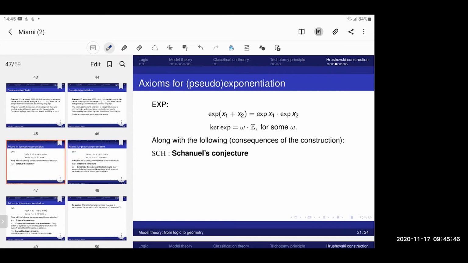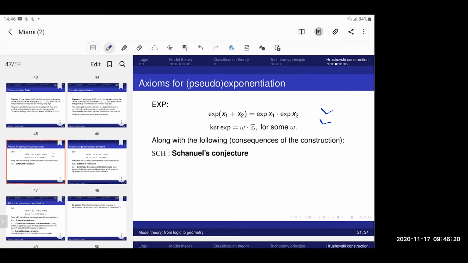So, of course, you would have just a usual algebraic assumption about the exponentiation, that it is a homomorphism from the additive to the multiplicative group with the kernel like this. And already in here, when you want to say that it is exactly this kernel, you have to use some infinitary statement. It's not first order.